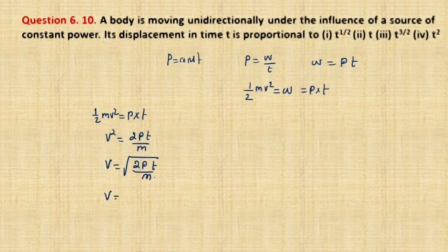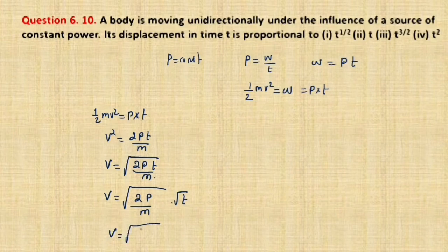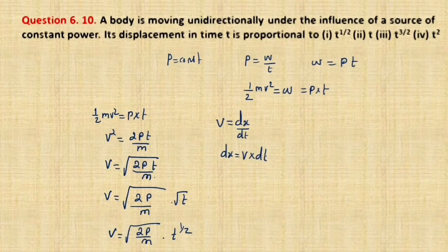We can write this equation as v is equal to square root of 2p divided by m into root t, right? So v is equal to root of 2p divided by m into t to the power 1 by 2. As we already learned, v is equal to the first derivative of displacement. So we can write dx is equal to velocity into dt.